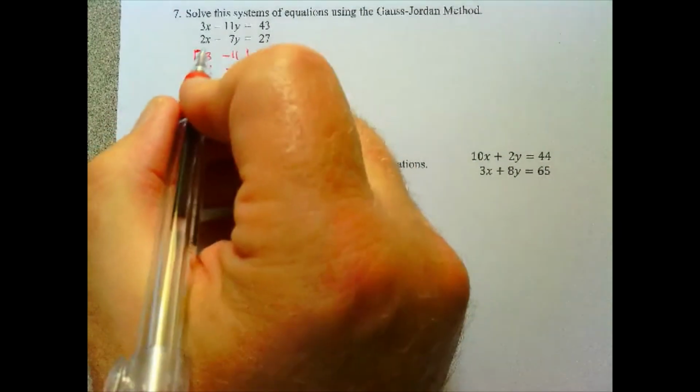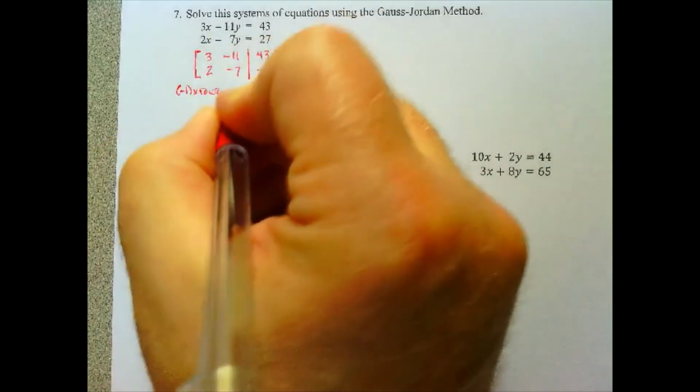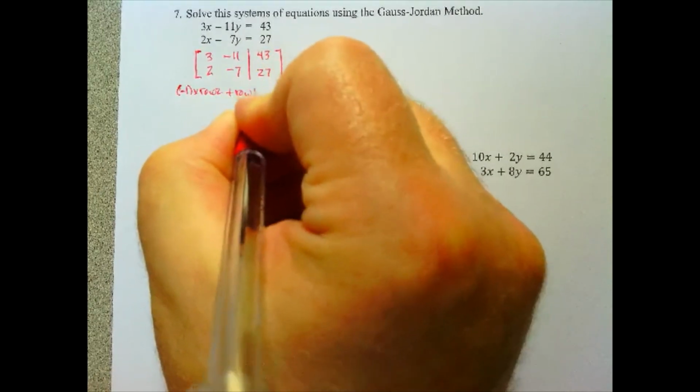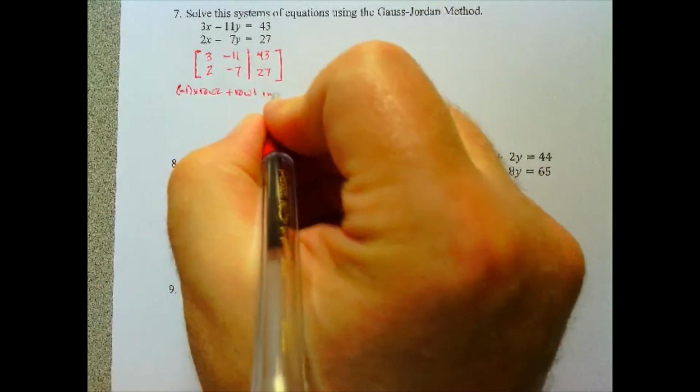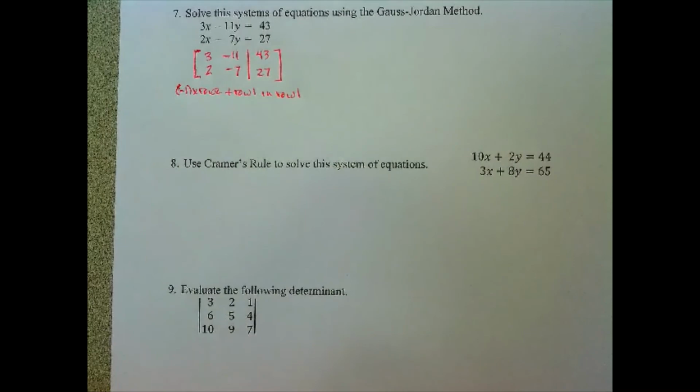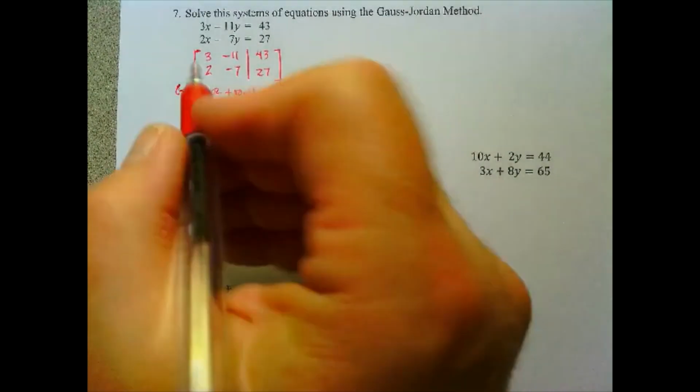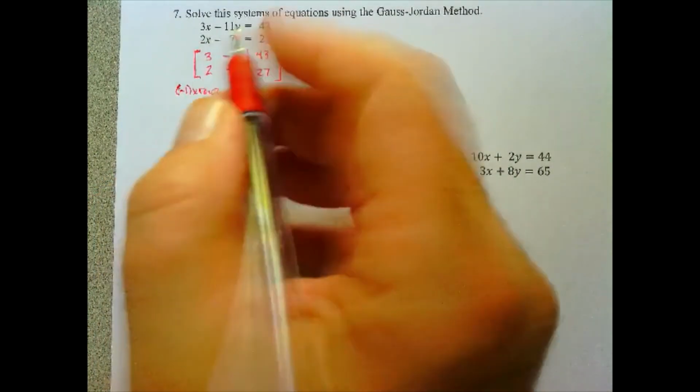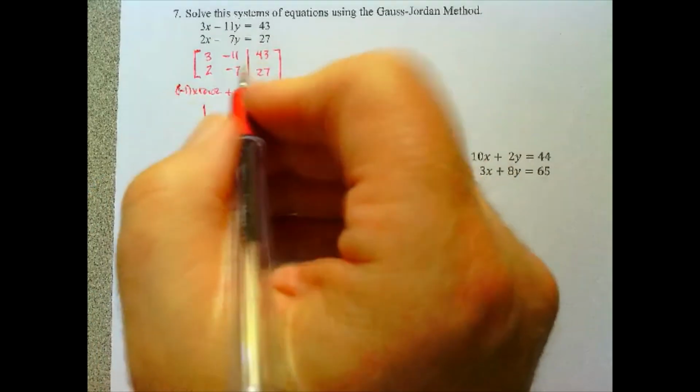So I need a 1 right here, so let us do negative 1 times row 2 plus row 1 in row 1. So negative 2 plus 3 will give me a 1.